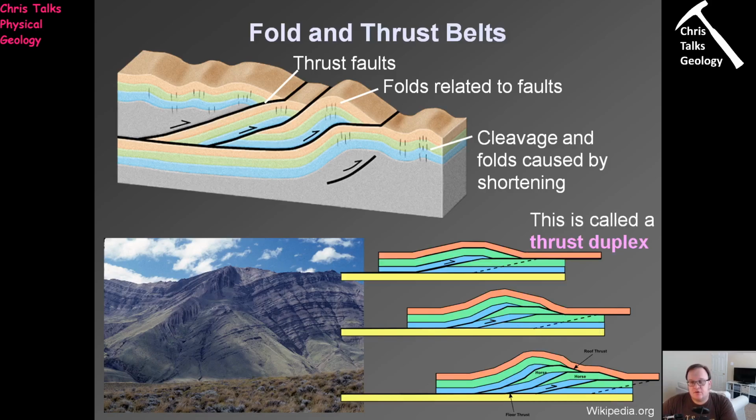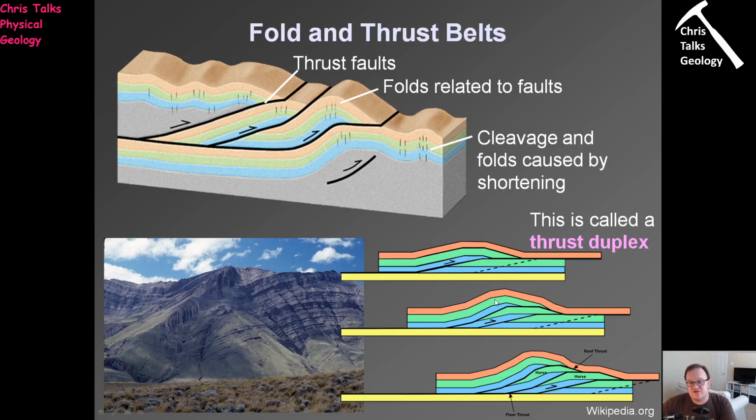Now, imagine if we keep going with this. Imagine we keep pushing this block here until it starts to come over the top of this block. We keep pushing this block until it goes over the top of both of these blocks. Well, you can see this in this diagram here. So here's our first layer of rock. Here's our first thrust pushing this layer of rock. So this is our hanging wall over this layer here, which is a set of layers, which is our footwall.